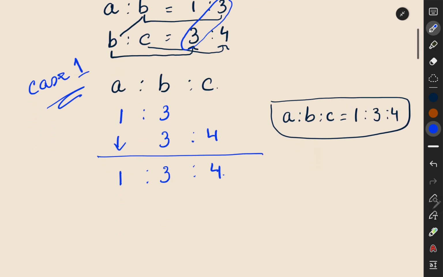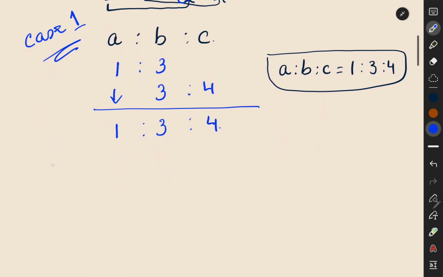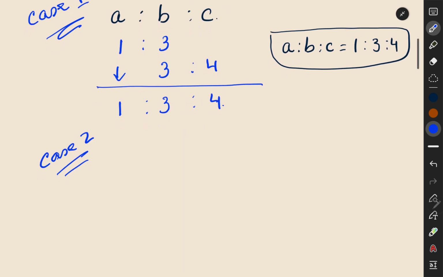Now in case 2, if we have values, that is A is to B equals to 5 and 6, and the ratio B is to C, the values are 2 is to 3.